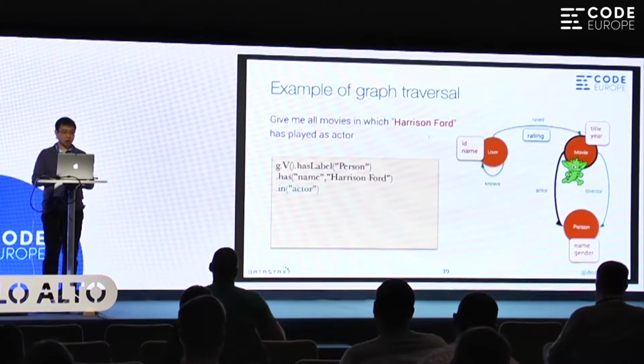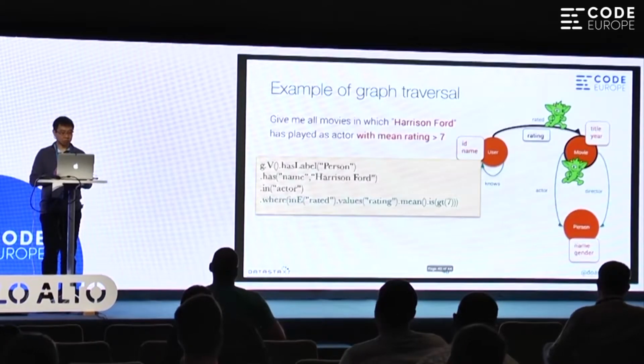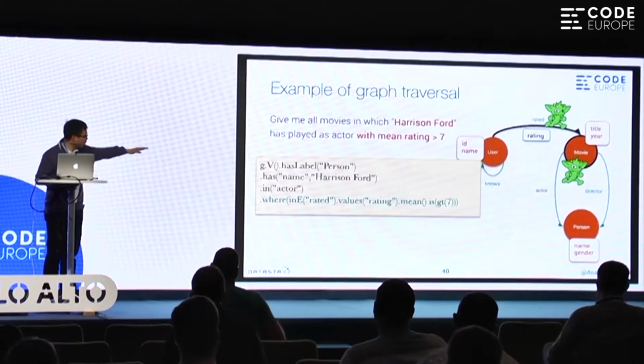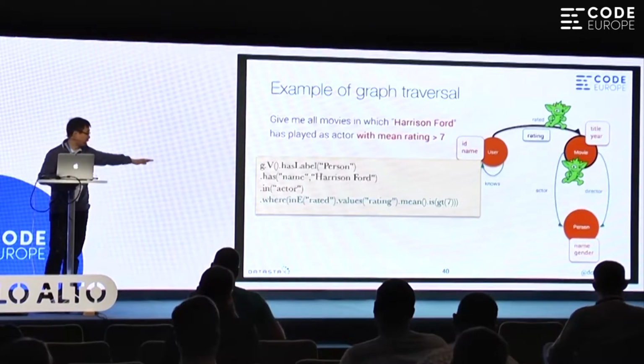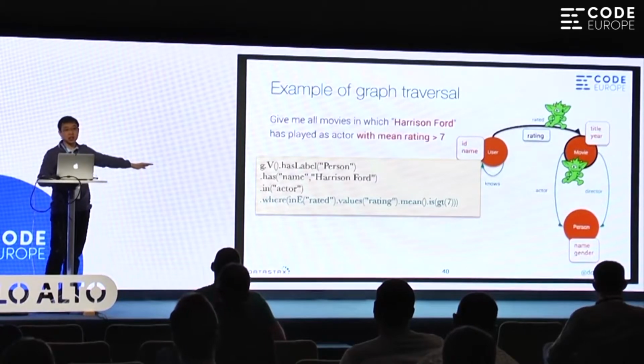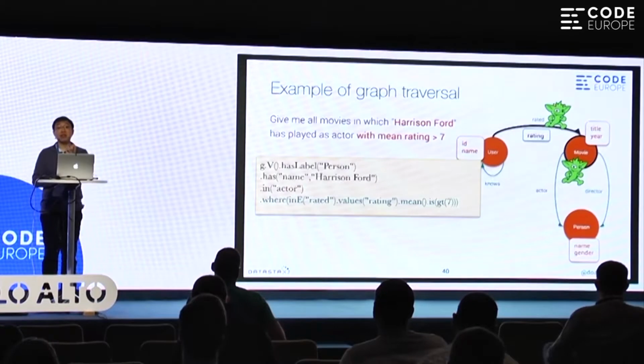Now, if I want to do something a little bit more complicated: give me all movies in which Harrison Ford has played as actor with the mean rating greater than 7. The beginning is exactly the same as before. g.V has label person, has name Harrison Ford, in actor. And now I add an extra step, so there is a filter.